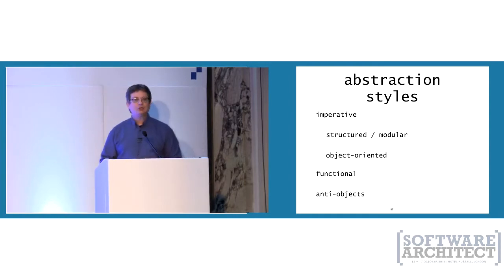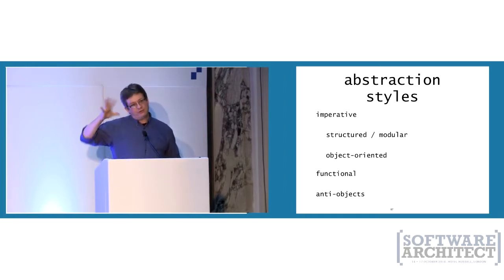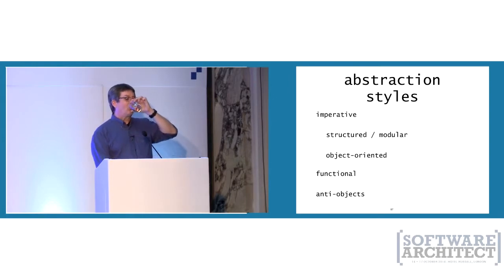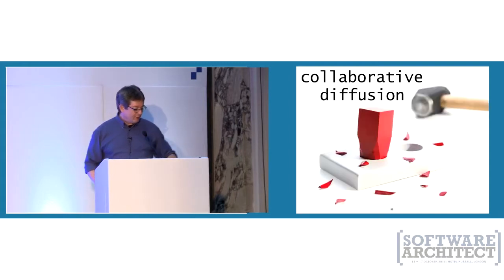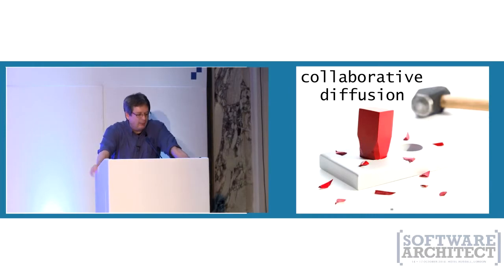And my point here is you don't have to completely switch language to sometimes shift the way you think about designing things. And a good example of this is anti-objects. This is from a paper that was delivered at OOPSLA back in 2006, I'm wanting to say, called Collaborative Diffusion.